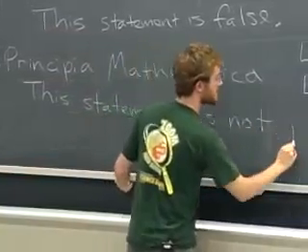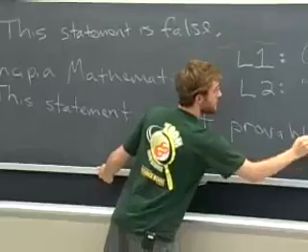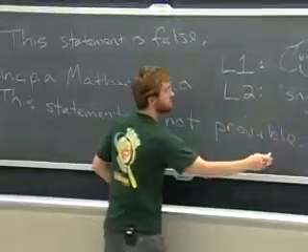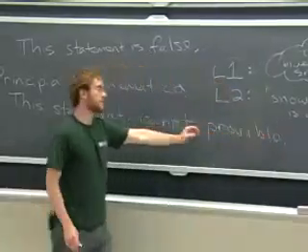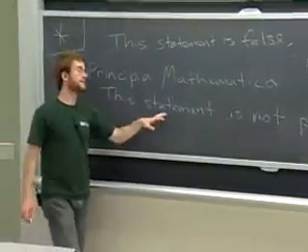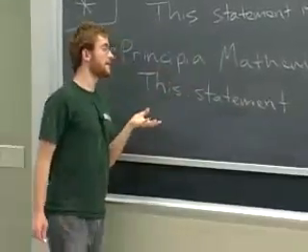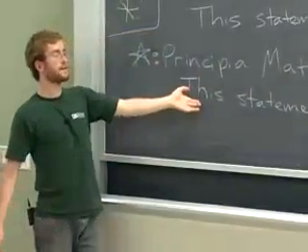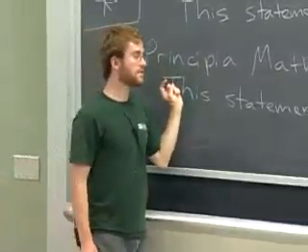This statement is not provable. And we can specify in what system. And one of the things we'll talk about is in PM, which means Principia Mathematica. But we could say this statement is not provable in number theory. But the bottom line is, what does this statement say?